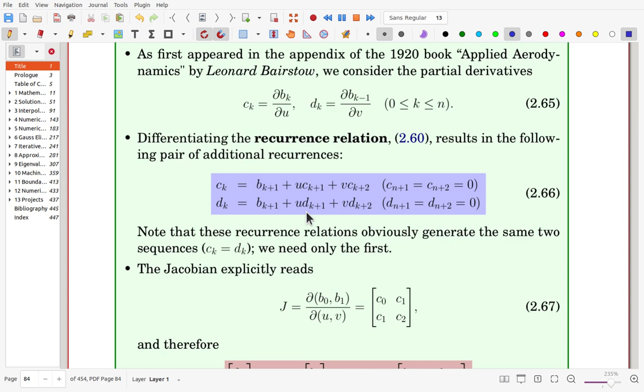So we can focus on only one sequence. Here, now the Jacobian is B0, B1, CV derivative, so that it can be written in this way, C0, C1, C1, and C2.